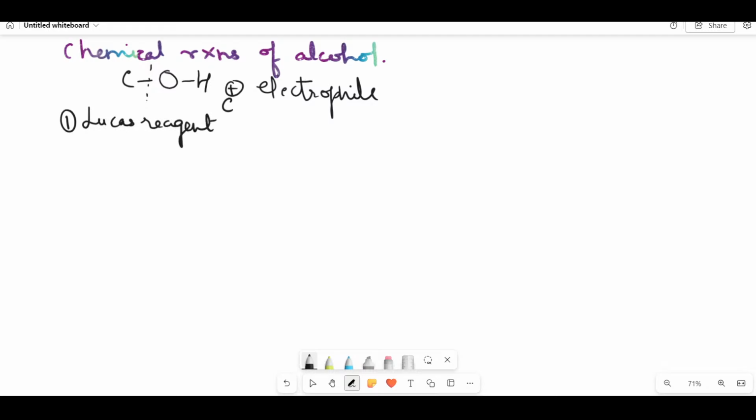The second one is using phosphorus halides. Using phosphorus halides, we have already seen in haloalkanes, so I'll just brush up on it.